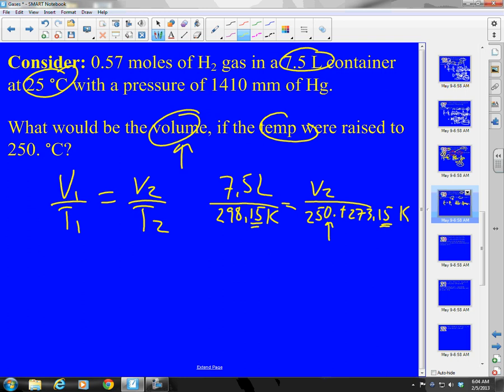All right, here we go. 250 plus 273.15, got it, equals 523.15 times 7.5, divided by 298.15, and I get V2 is equal to 13.15, 2 sig figs, so my answer is 13 liters. There we go. Hey, nothing to it. Next.